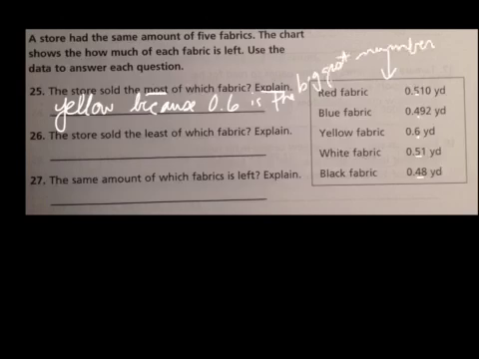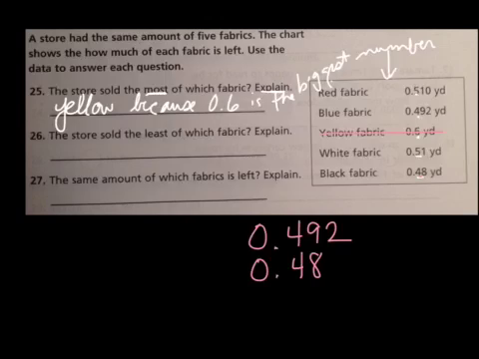Then it asks, the store sold the least of which fabric? So now we have a little bit of a conundrum here because we know it's not this one, because that's the most. And then we have 5/10, 4/10, 5/10, 4/10. Well, you know that 4 is less than 5. So we have to figure out which of these two numbers is smaller. So you notice that I lined up my decimal points because now I can compare these a little bit easier.